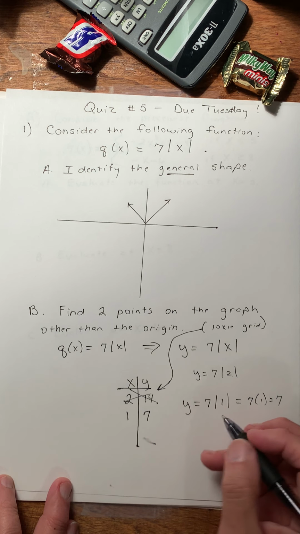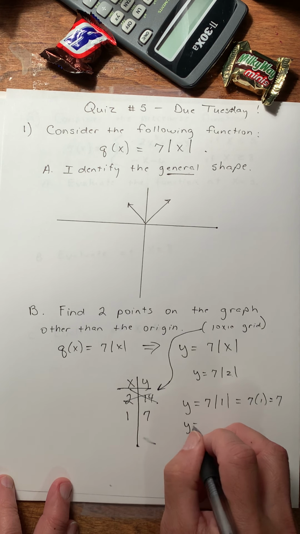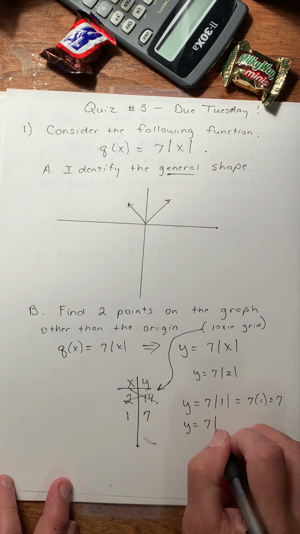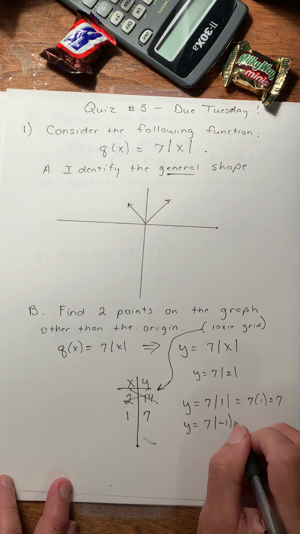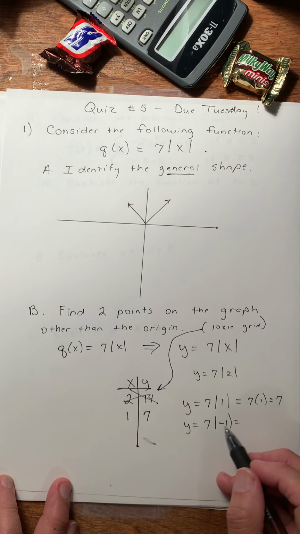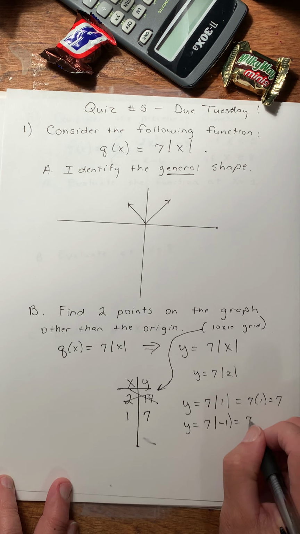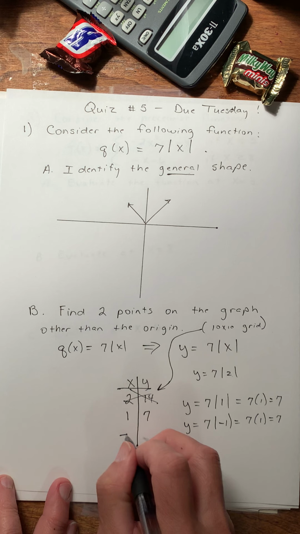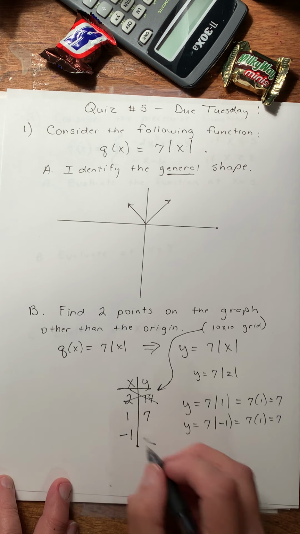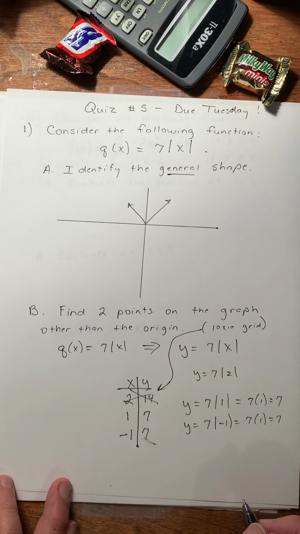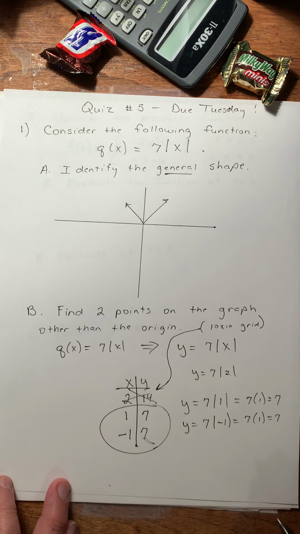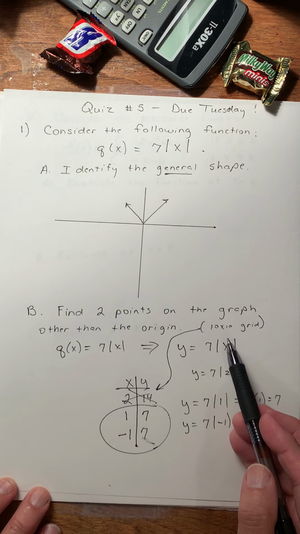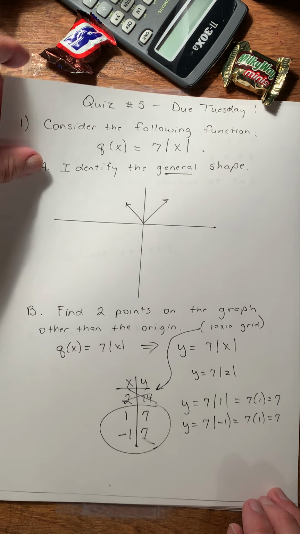Hey, choose negative 1. 7 times the absolute value of negative 1. Let me think, the absolute value of negative 1 is still 1. 7 times 1 is 7. So if I pick negative 1 for x, my y still turns out to be 7. So here are my 2 points. Just make sure they fit within a 10 by 10 grid.